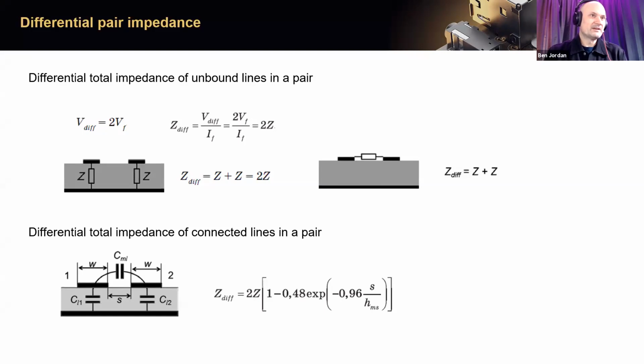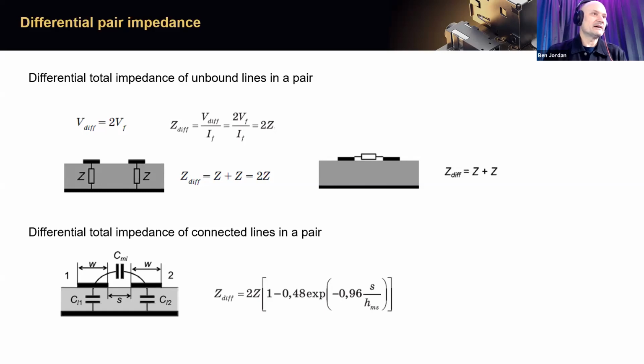However, we still route them together because A, the tool allows us to do it easily, and B, we still want to make use of some of that common mode noise immunity as much as possible. And so therefore, differential and common mode impedances do play a part in signal integrity.